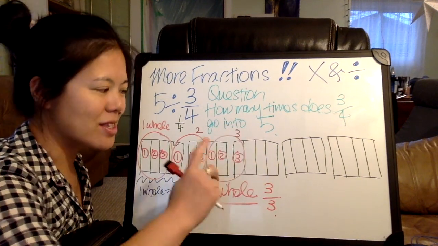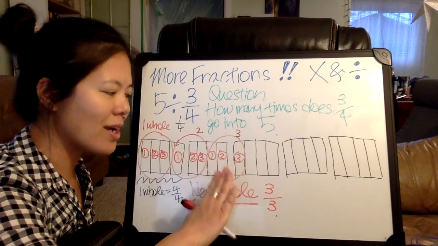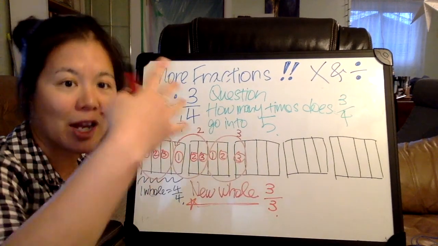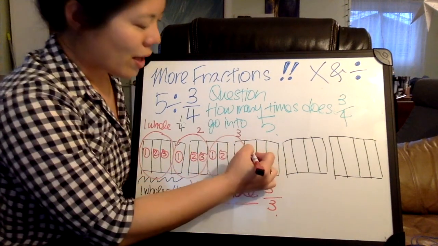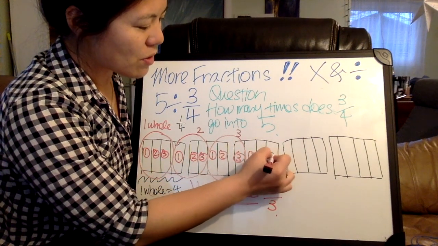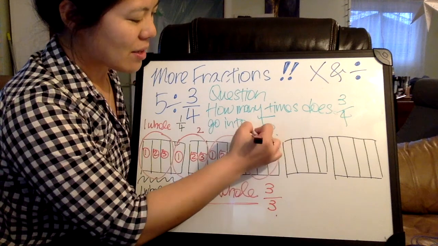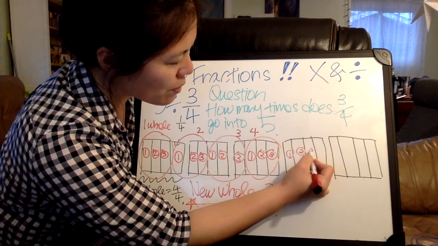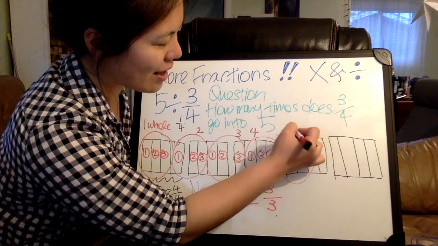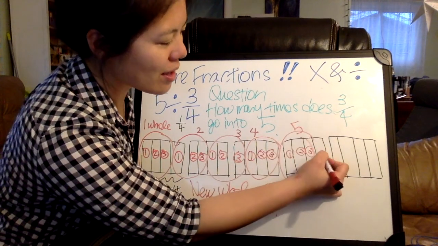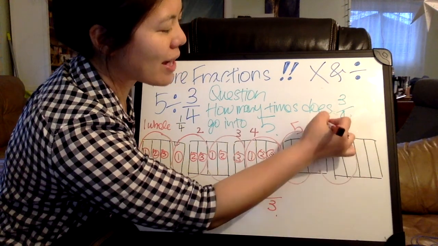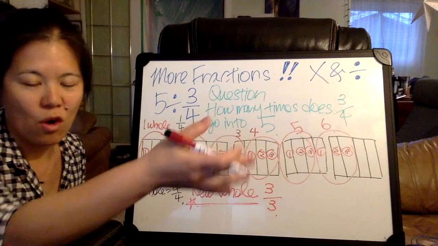As long as I have 3 of those pieces, I'm counting that as my new whole. 1, 2, 3, that's my 4th whole. 1, 2, 3, that's my 5th whole. I can make another 1, 2, 3. That's my 6th whole.